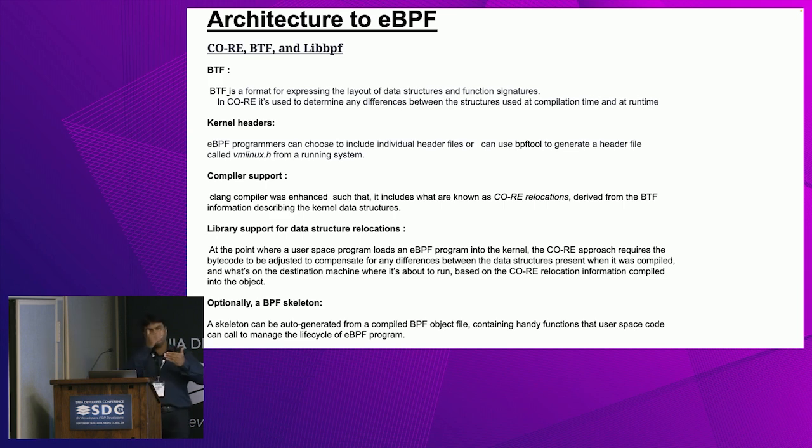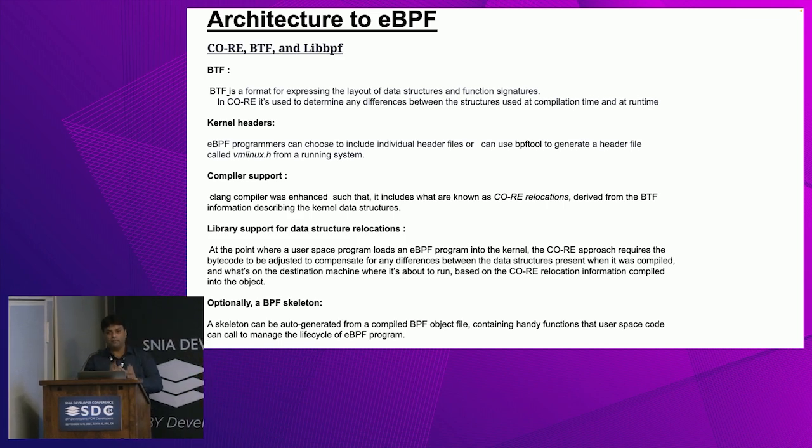For example, one member whose offset has changed in the data structure. It has moved by 4 bytes, maybe because some integer has been introduced. So the loader will dynamically change your bytecode before loading it into the kernel. That is how CO-RE, compile once run everywhere, is achieved.